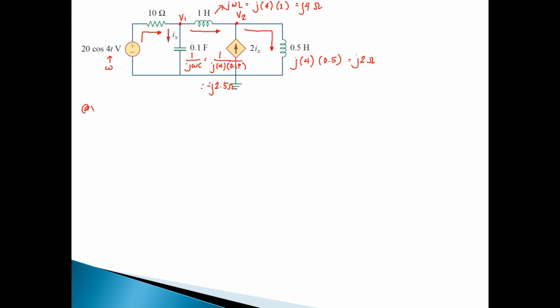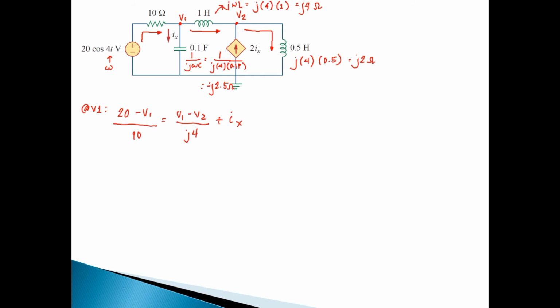Let us first consider V1. We have current entering from the voltage source. So let us write (20 minus V1) over 10 equal to the current leaving, which is (V1 minus V2) over j4, plus another current leaving, which is Ix.